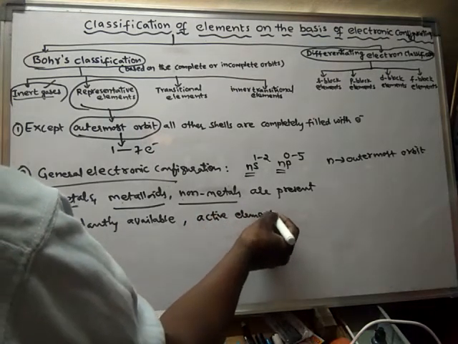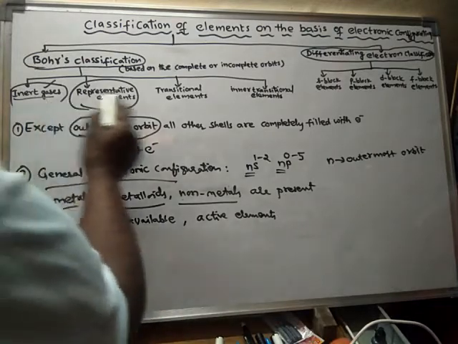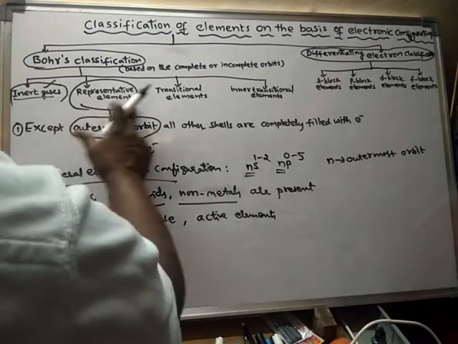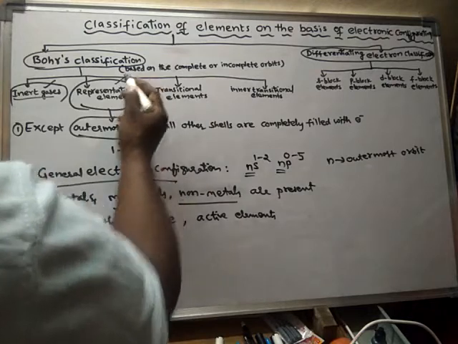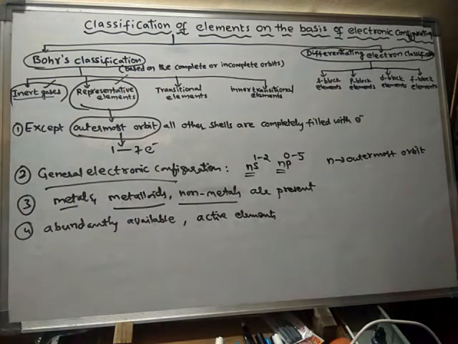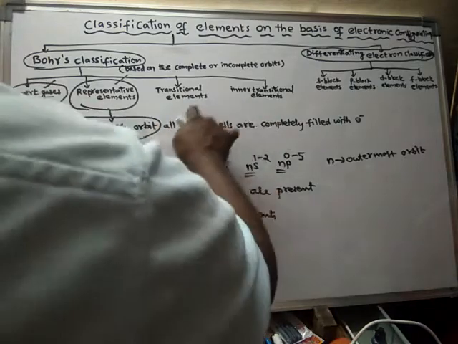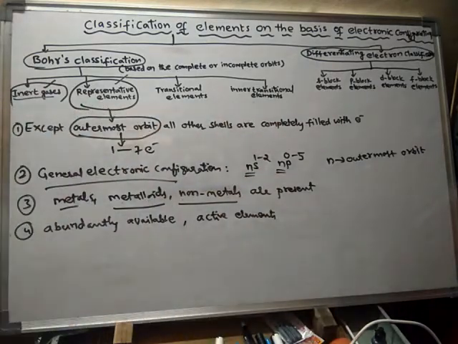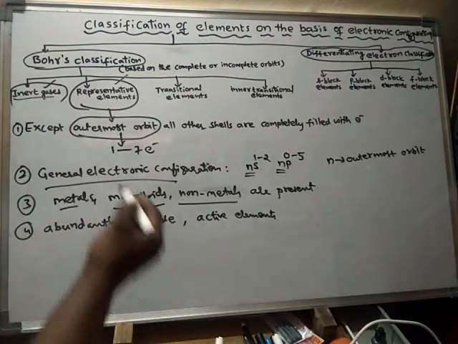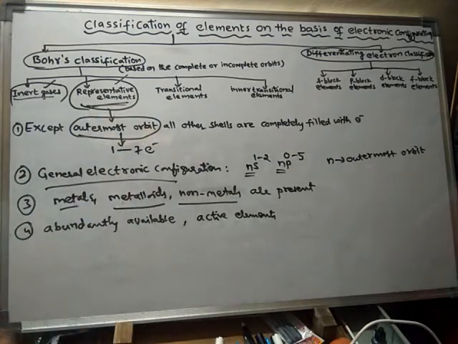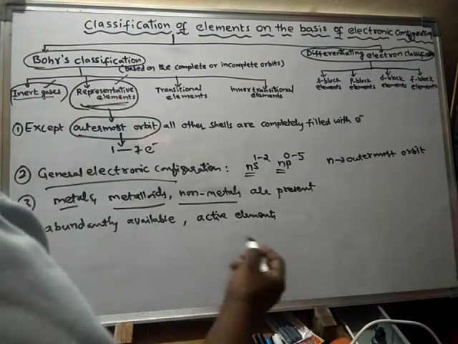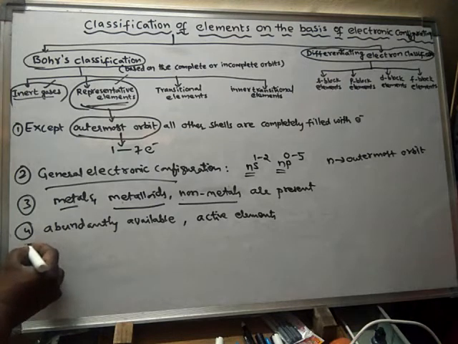Which elements are the most active elements? Out of these four classes, the representative elements are the most active elements. The other elements are not as active as representative elements. That means most of the chemical reactions are because of representative elements only.